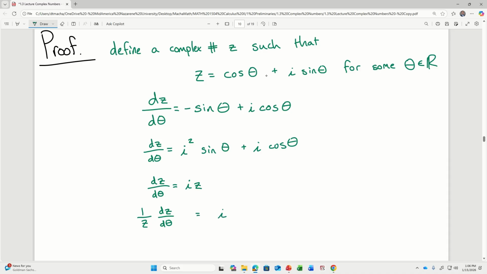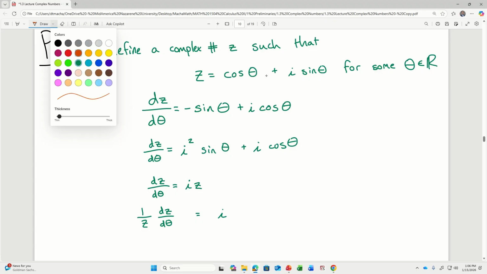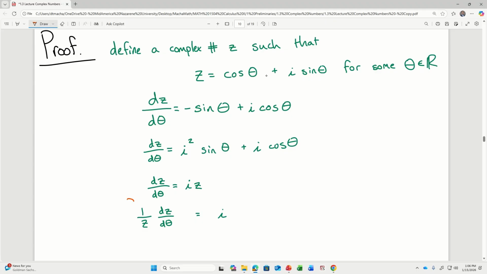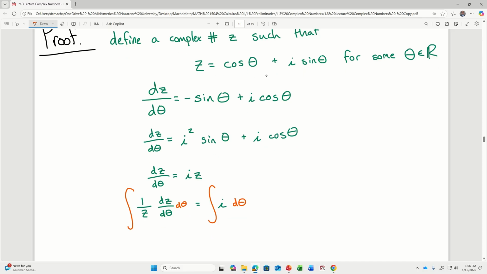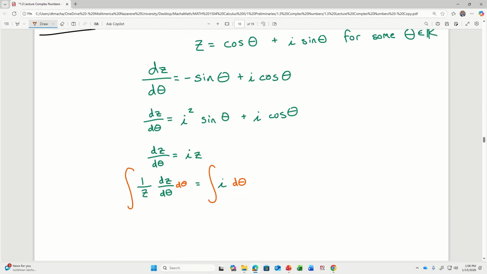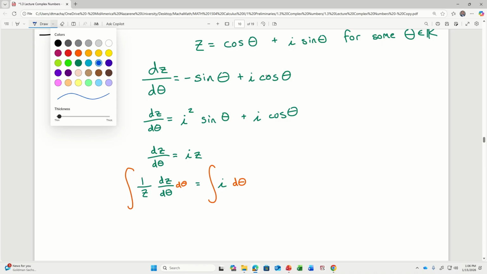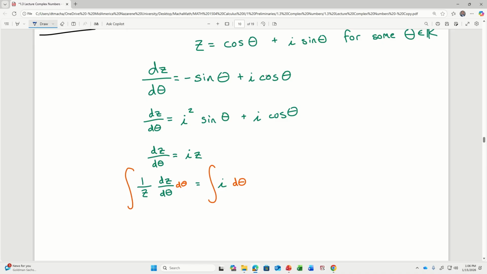There we go. And now that we've divided both sides by z, now we can take an antiderivative of both sides with respect to theta. So we're doing the same thing to both sides. Everything's staying nice and balanced.